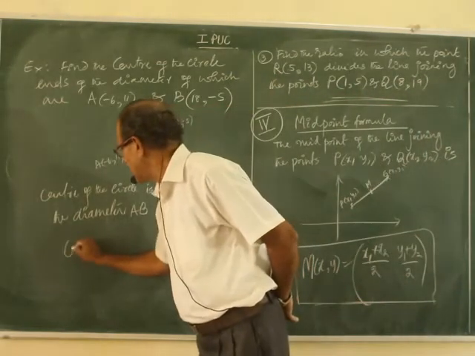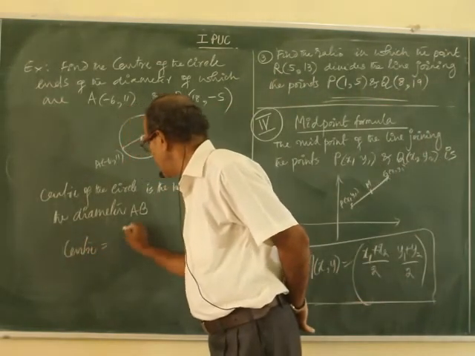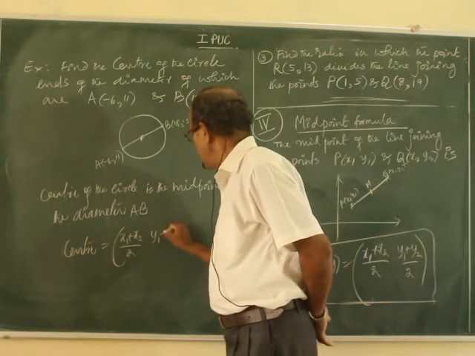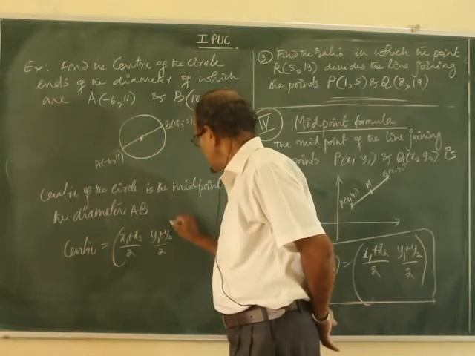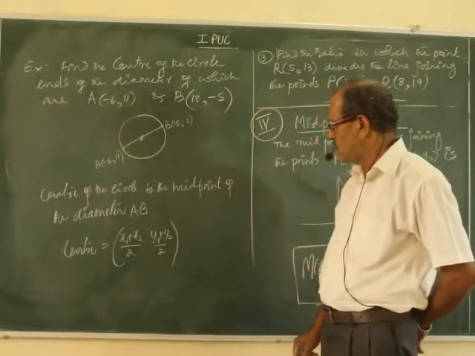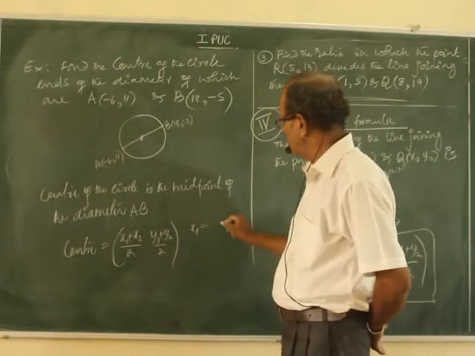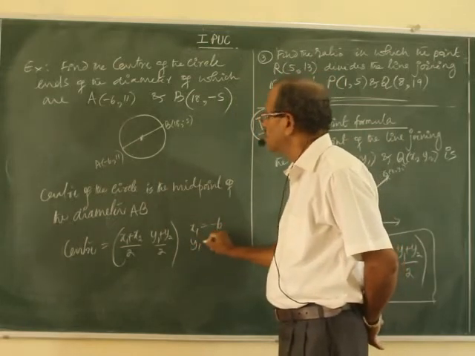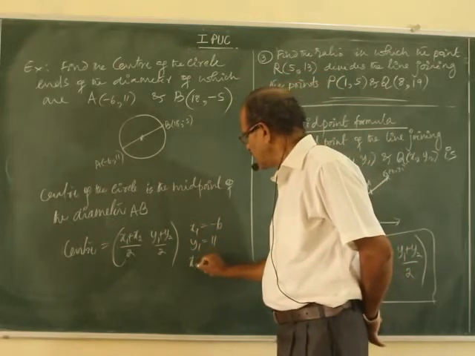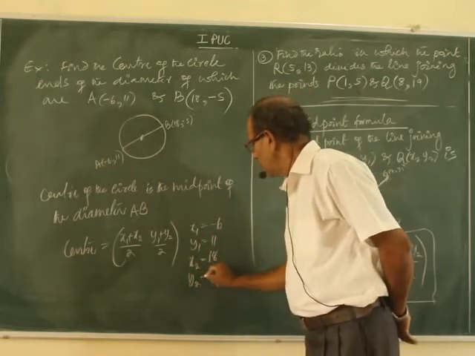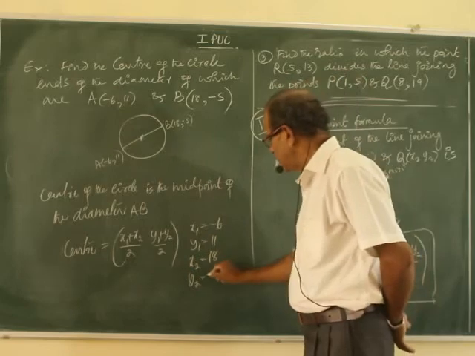So, center equal to x1 plus x2 by 2, y1 plus y2 by 2. List x1, y1, everything. x1 is minus 6, y1 is 11, x2 is 18, y2 is minus 5.